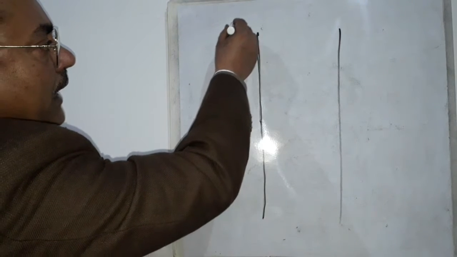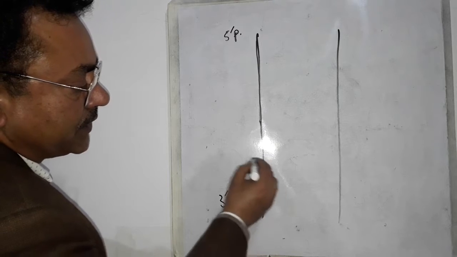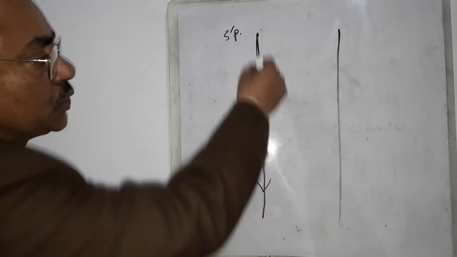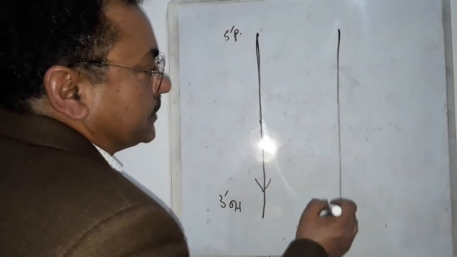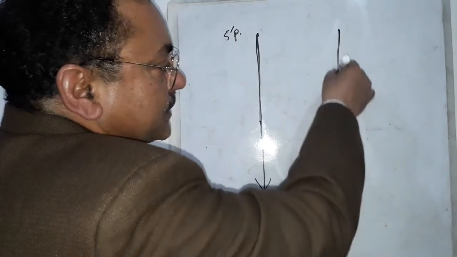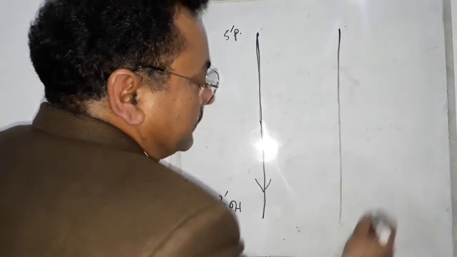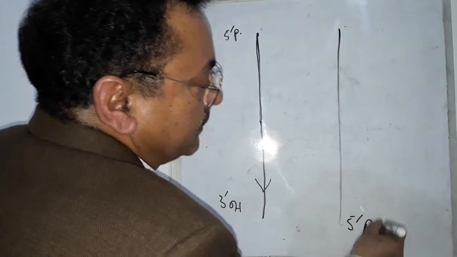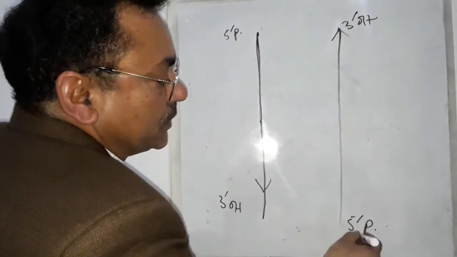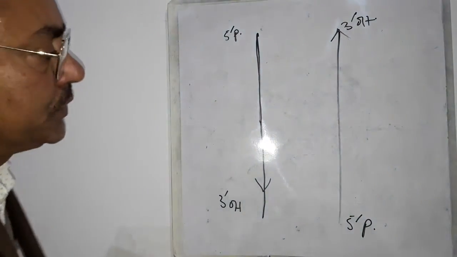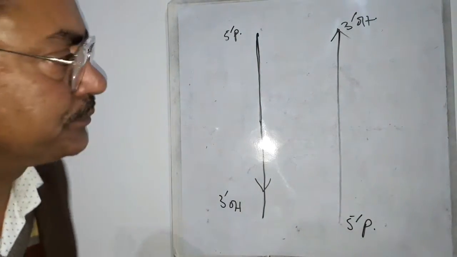You can write here 5-P, 3-OH and the direction is like this. That is the direction of growth, downwards here on the board. And this strand, this side bar of the ladder, you will write as 5-P running towards 3-OH. So this is running upwards. So these two are like the side bars of a ladder.